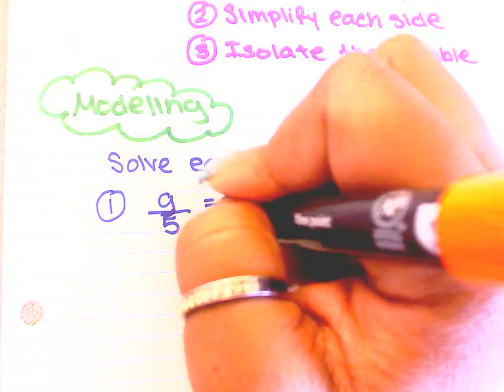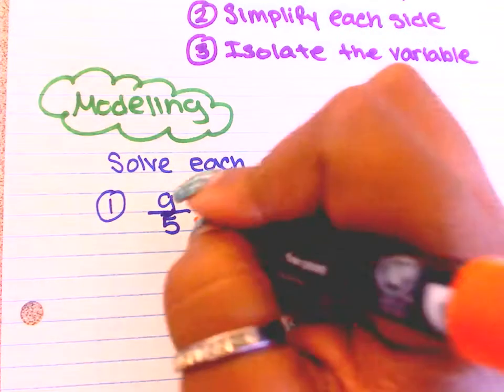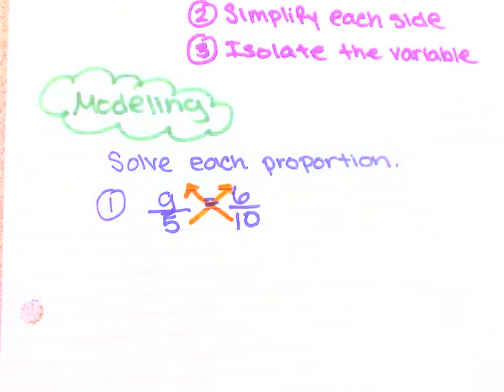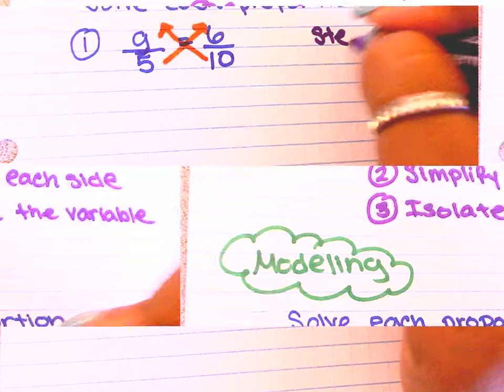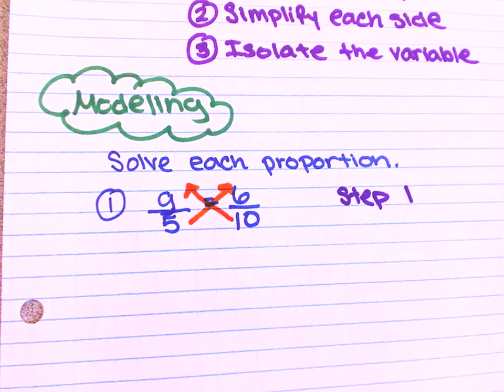So I'm going to draw my arrow from here to here. So I'm going to multiply 10 and G, and 5 and 6. Okay, so that's step 1 right there. Write it next to it. Step 1, we cross multiply.